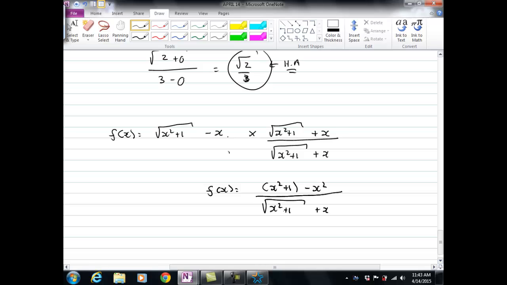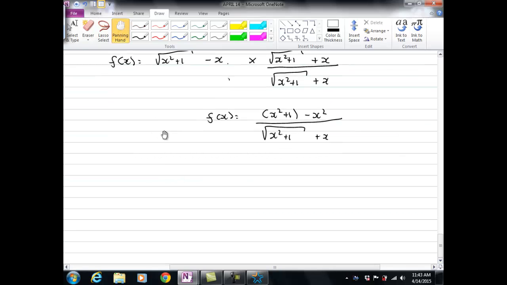Now, I leave this up to you. What are we going to divide by? Which x squared? Oh yeah, you could. So this becomes 1 over the square root of x squared plus 1 plus x.